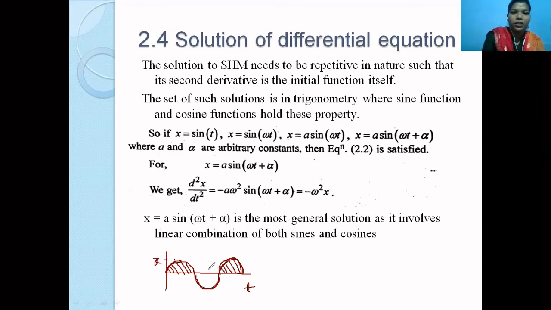Once I know that the sine function or the cosine function holds this property, I can choose any function which involves sine. So I can take sine of t, sine of omega t, a sine of omega t, or a sine of omega t plus alpha. I'm just including new properties to the function.